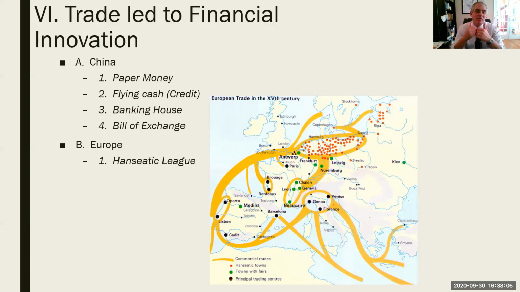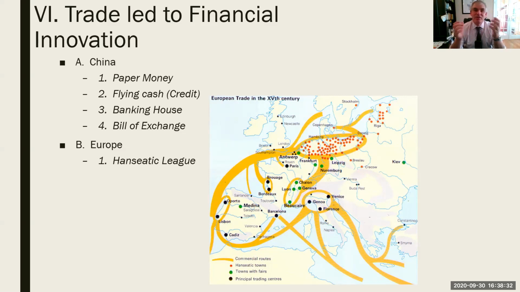And in order to keep these records and keep track of the money, special houses are going to develop. Initially, some of these houses are located in Buddhist temples along the Silk Road. But over time, independent houses strictly dedicated to financial record keeping and financial transactions become known as banking houses. And of course, this is the forerunner to the modern bank.